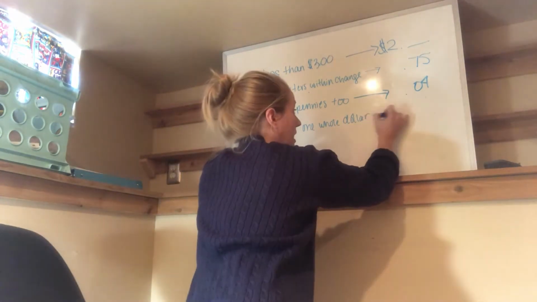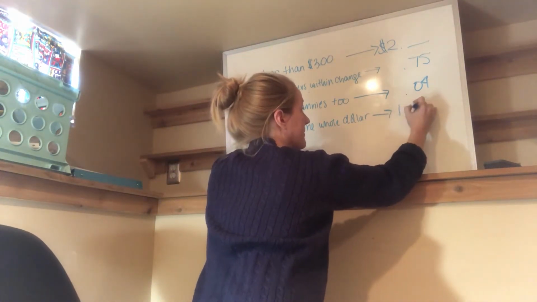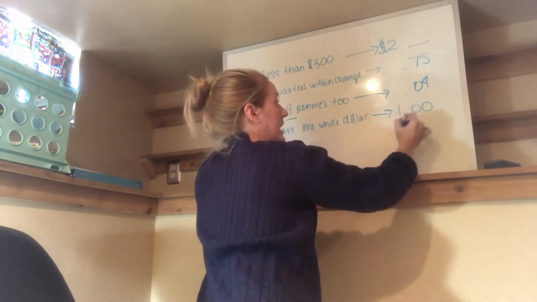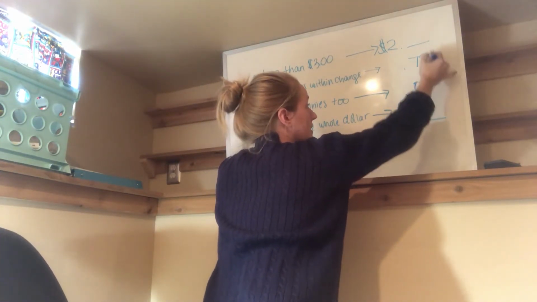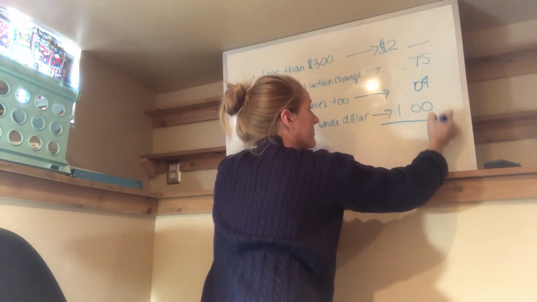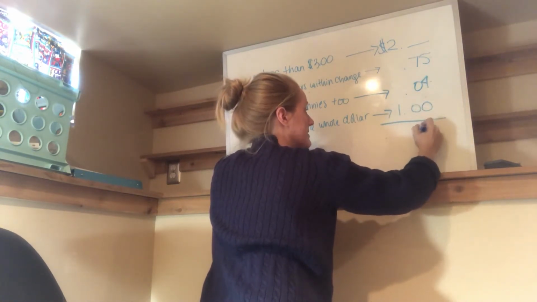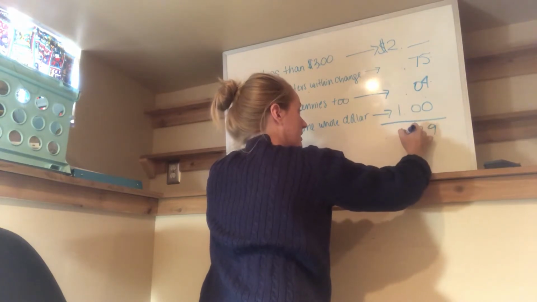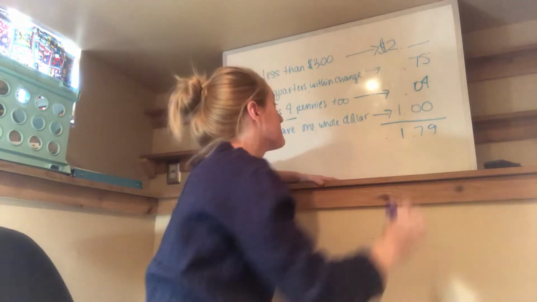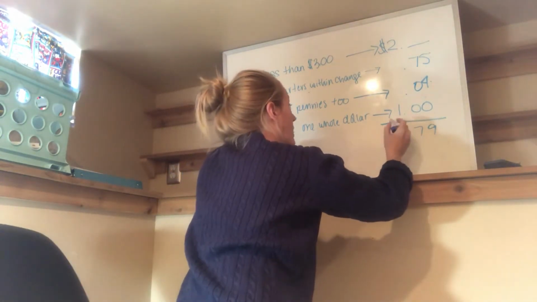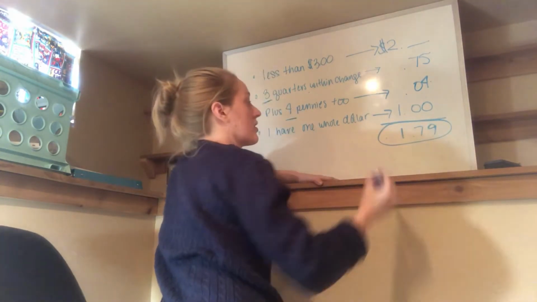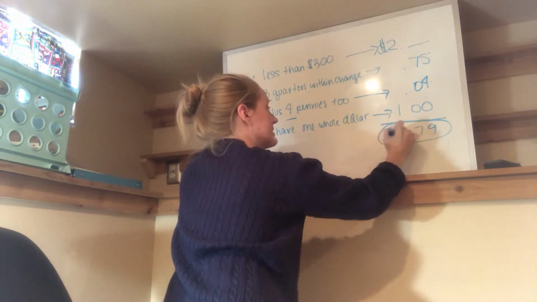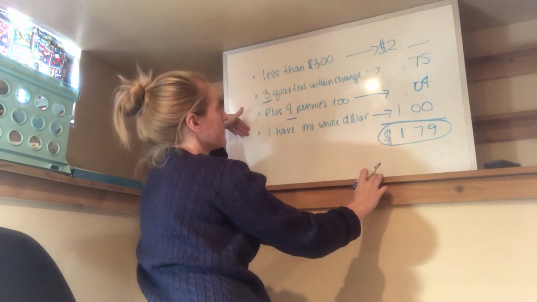So let's add this up. 5 plus 4 is 9. Carry down the 7 and our 1. So one possible value for this riddle could be $1.79.